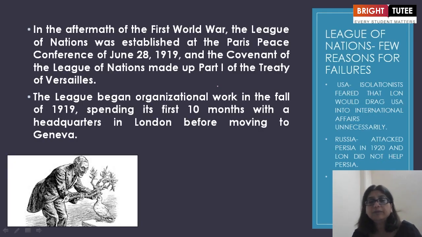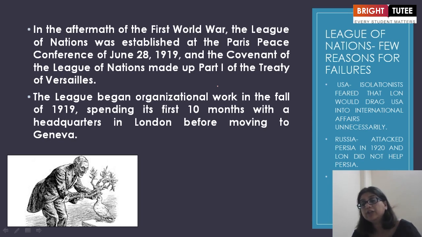In the aftermath of the First World War, the League of Nations was established at the Paris Peace Conference of June 28, 1919, and the Covenant of the League of Nations made up Part 1 of the Treaty of Versailles. The League began organizational work in the fall of 1919, spending its first 10 months with headquarters in London before moving to Geneva.